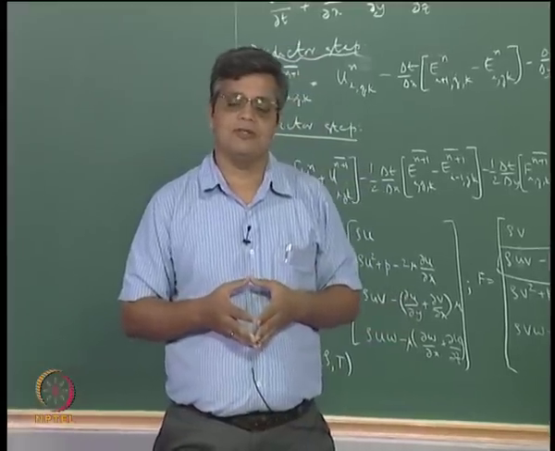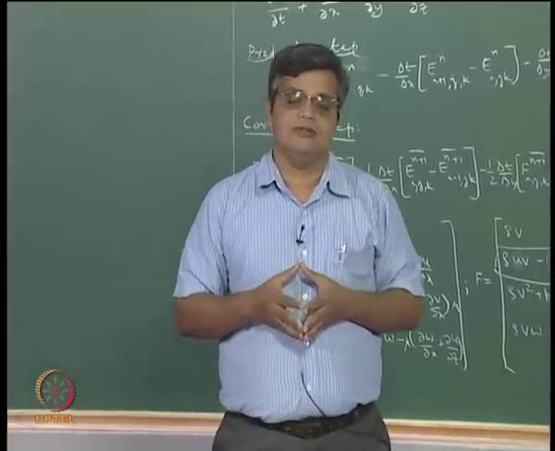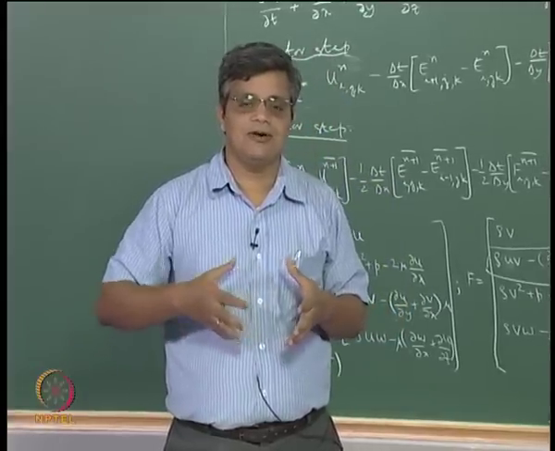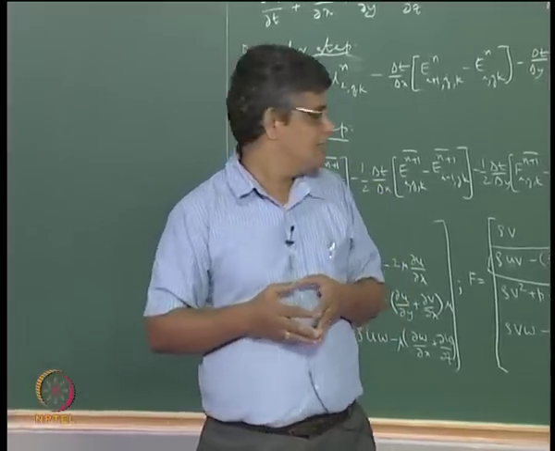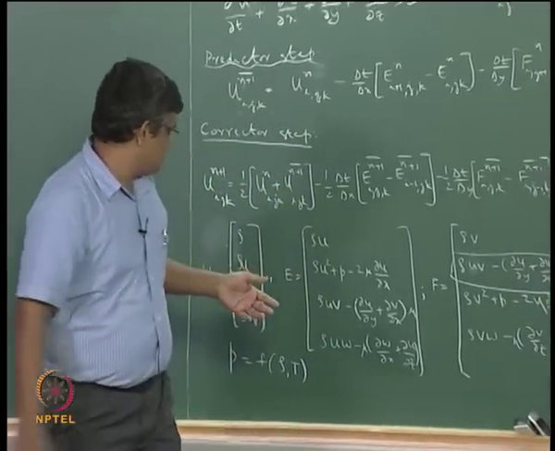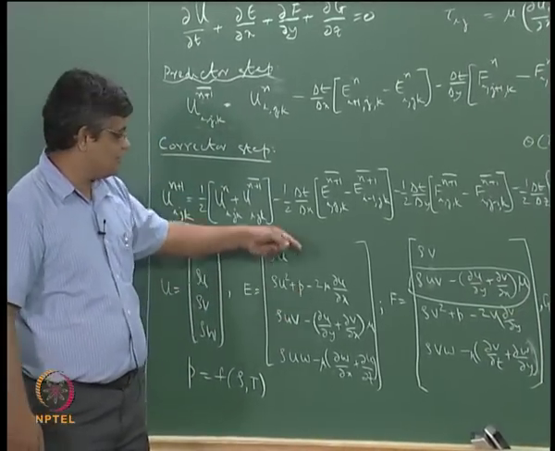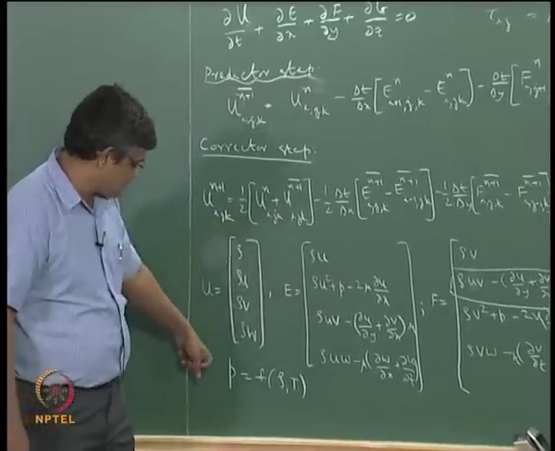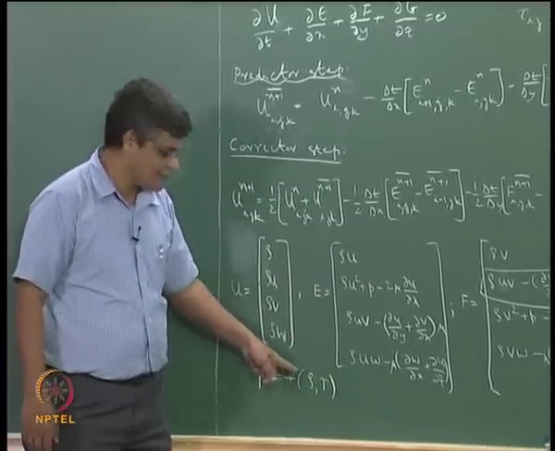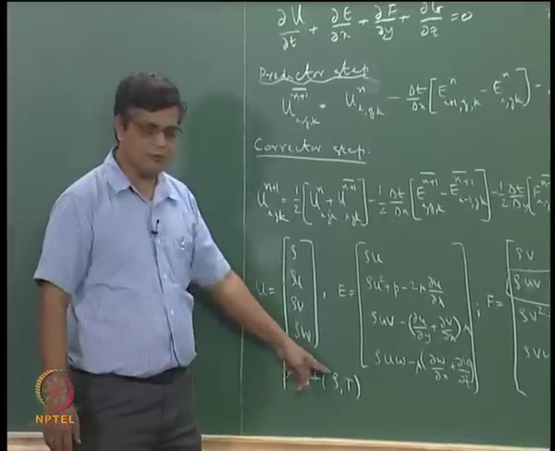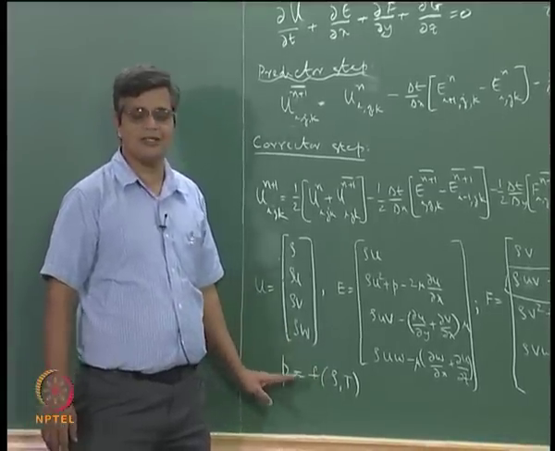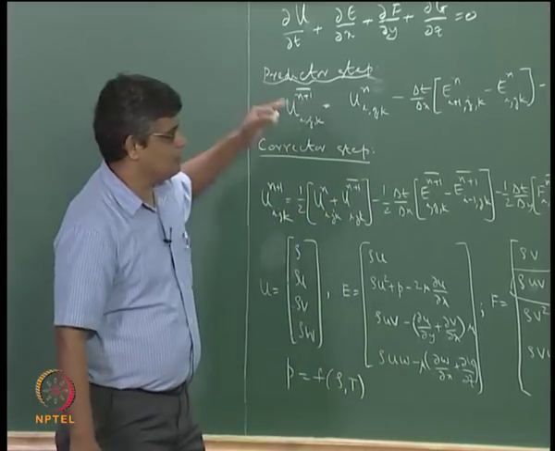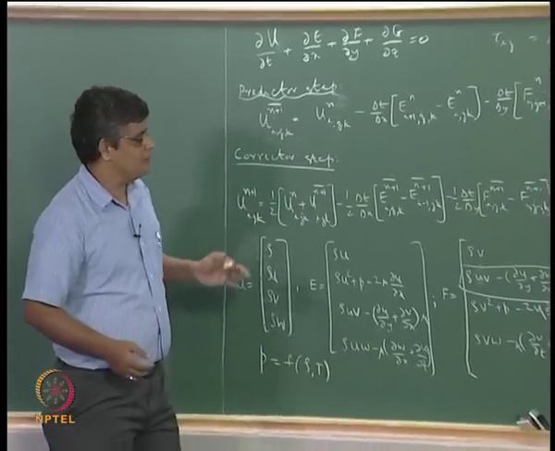It may not be possible to evaluate this explicitly or through a closed form type of solution, given especially the fact that the pressure, one of the variables that is coming here, is coming indirectly through an algebraic equation of state, the form of which is not readily evaluatable.